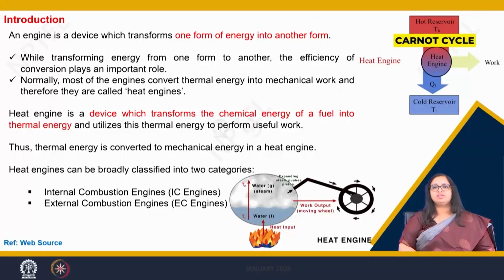So you can see there are two reservoirs, one is a hot reservoir and the other is a cold reservoir. When we talk about this kind of engine, we call it a Carnot cycle.